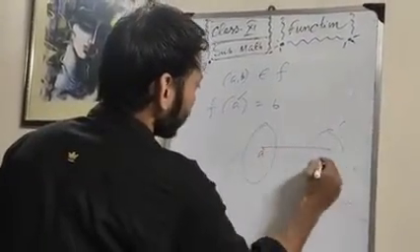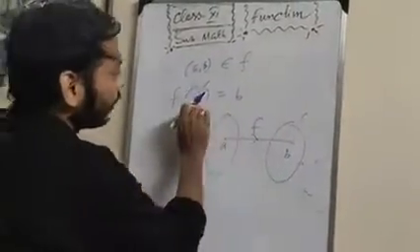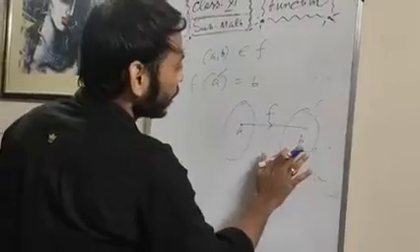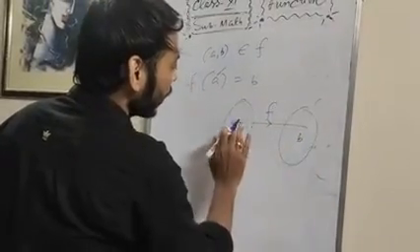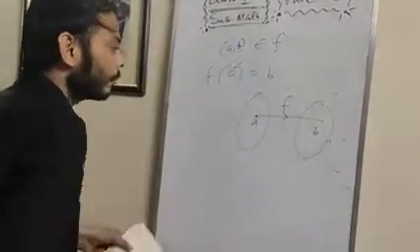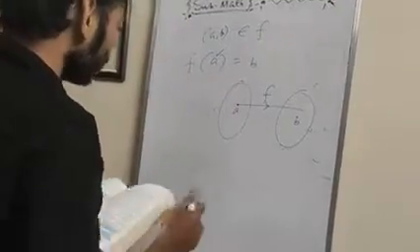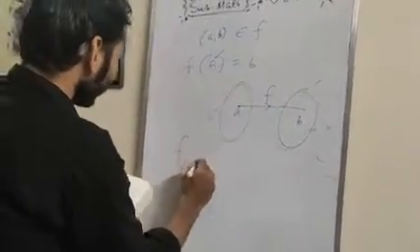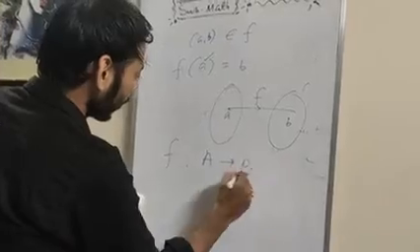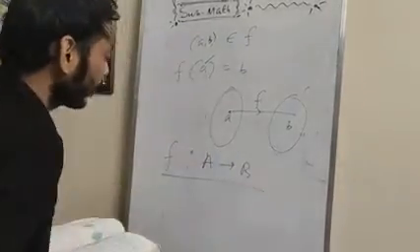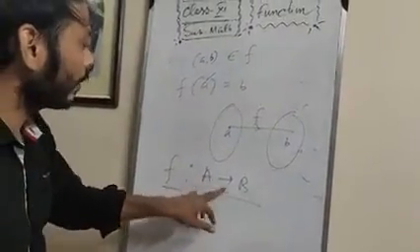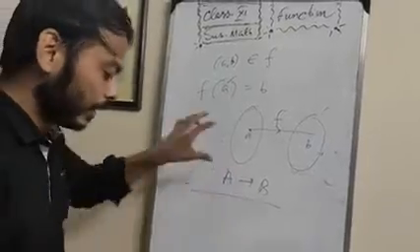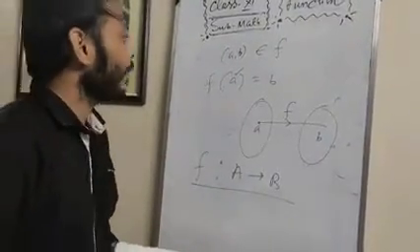A assigns to B by the function f, then B is called the image of A and A is called the pre-image of B. Thus a function from the domain A to the codomain B is denoted in this way.